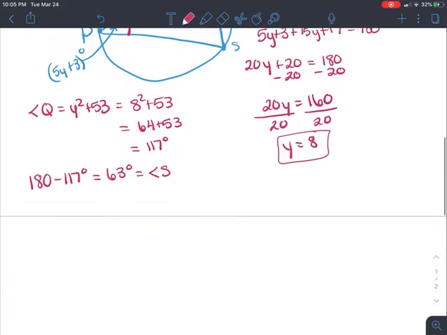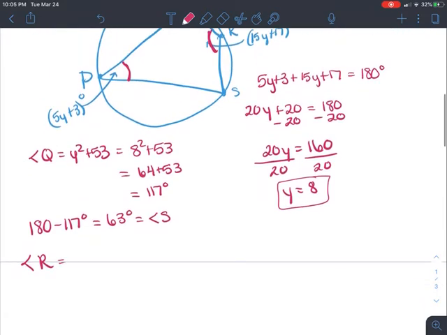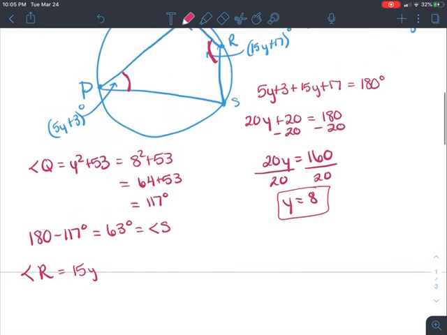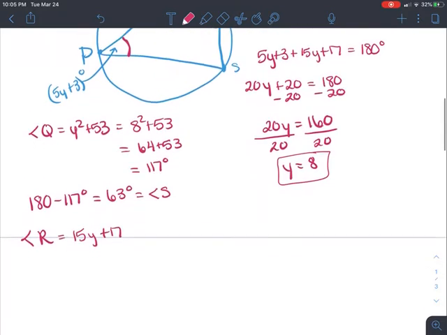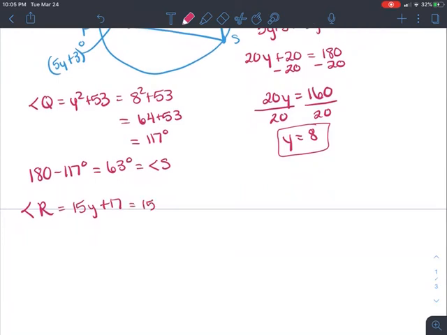Then I'm going to find angle R. Angle R is 15y plus 17, so I'll plug in for y. I get 15 times 8 plus 17, which gives me 137 degrees. And finally, I'm going to solve for angle P. Angle P is 5y plus 3, so I will do 5 times 8 plus 3, which is 43 degrees.